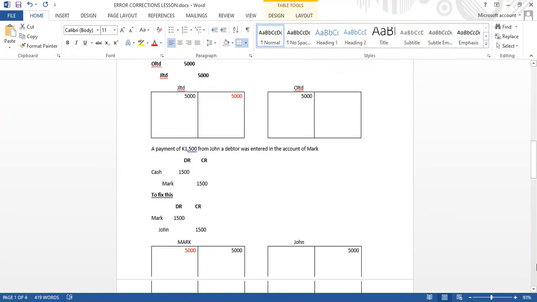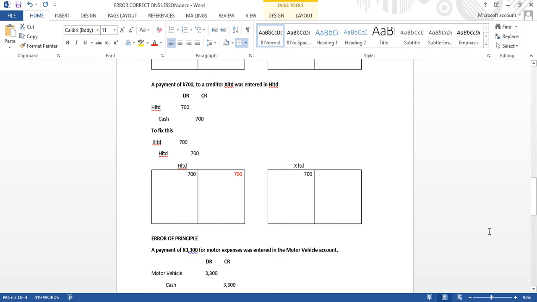All right, so here's an example, same format. Let's say a payment of 3,300 for motor vehicle expenses was entered in the motor vehicle account. Motor vehicle expenses is an expense account, and motor vehicle is an asset account.